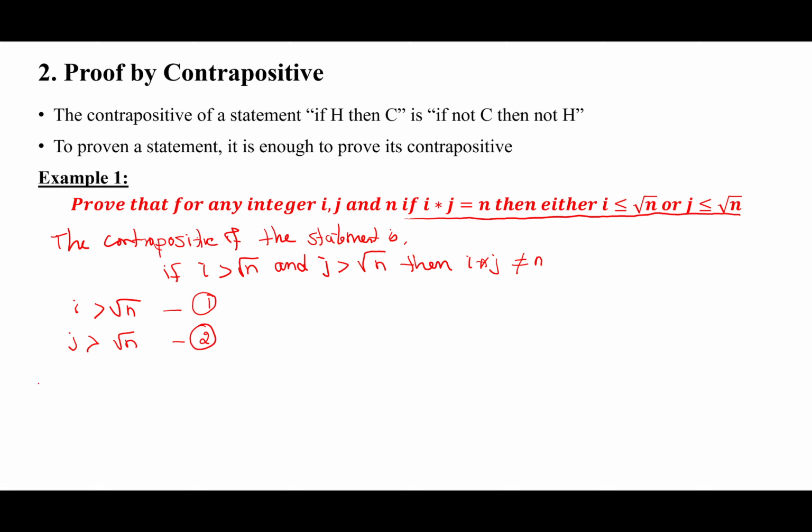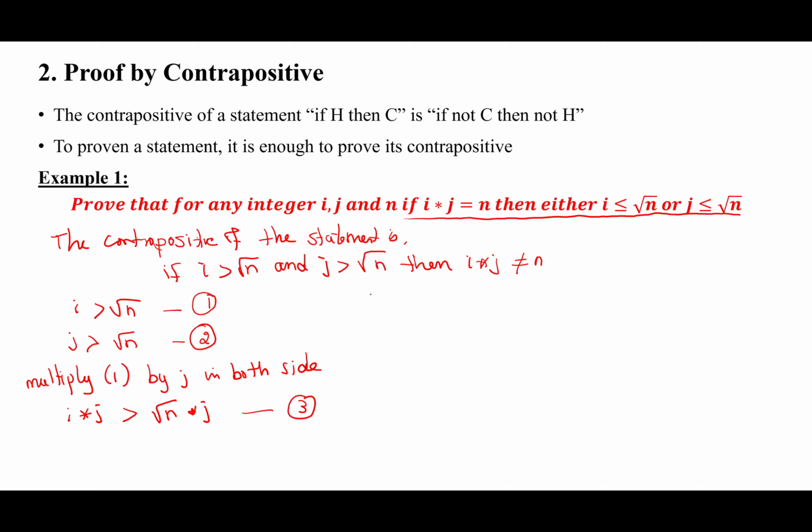Now we multiply the first equation by j on both sides. So it is i times j greater than root n times j. We consider this as the third equation.